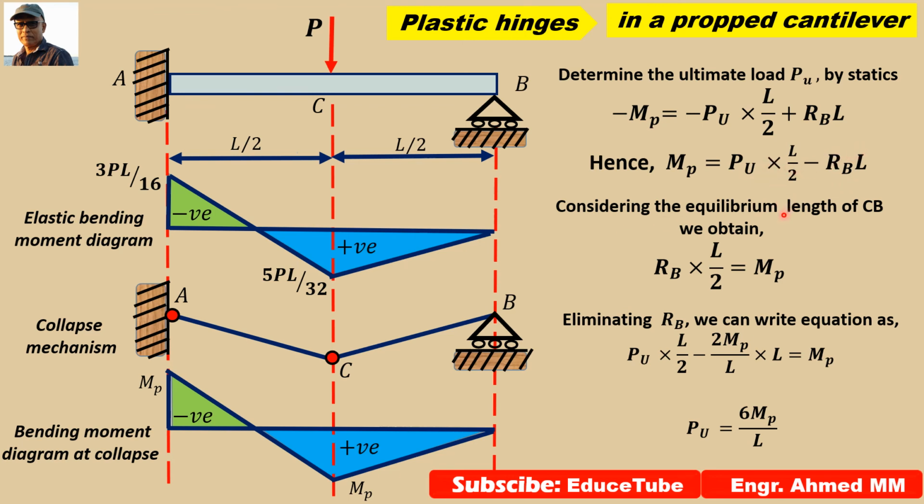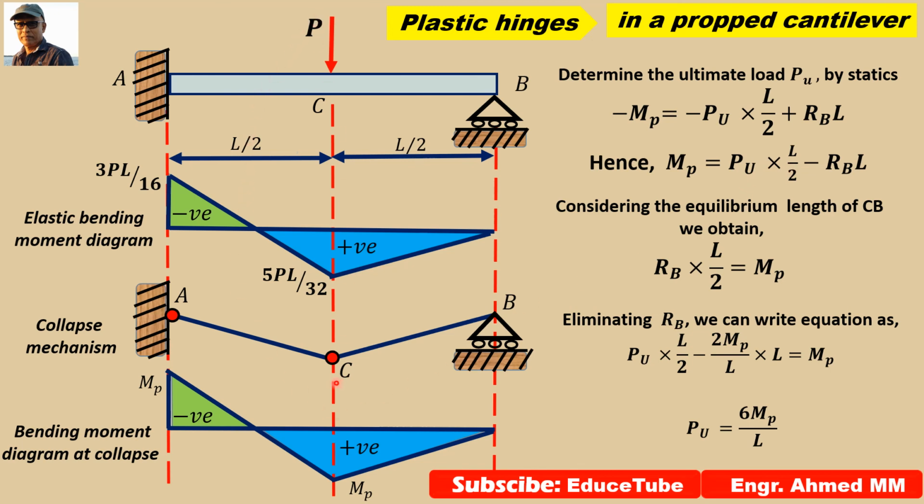Now considering the equilibrium of length CB, we obtain this, because RB multiplied by L by 2 gives this MP. And this MP at position A, we got the equation as PU multiplied by L by 2.